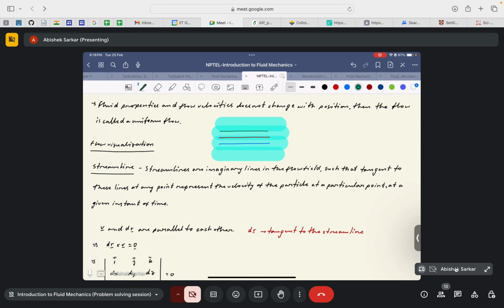But if the flow is turbulent, then you will see that these dyes, say the red one, the green one and the blue one, may initially follow the same path for some period of time, but then rather than following a straight path, they will move in an erratic, irregular fashion.